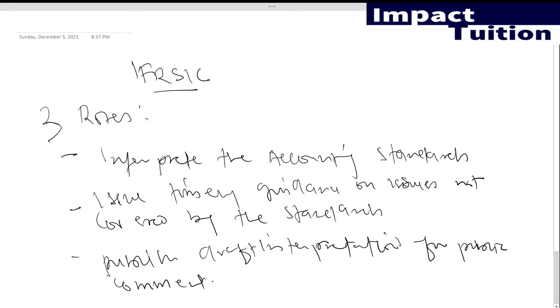So these are the roles of the IFRS Interpretations Committee. First, they interpret accounting standards. The committee issues timely guidance on issues not covered by the standards, and then publishes draft interpretations for public comment.